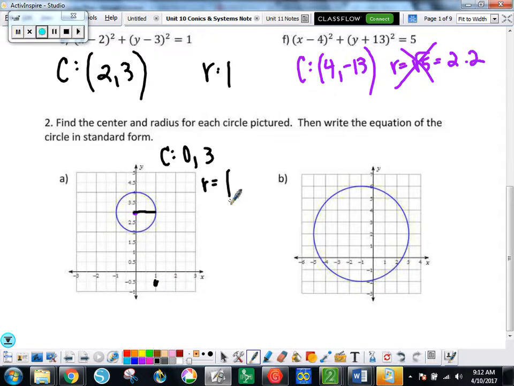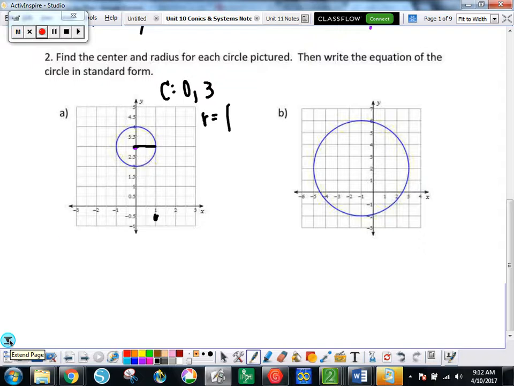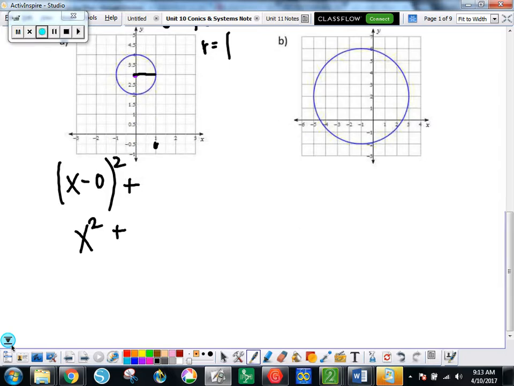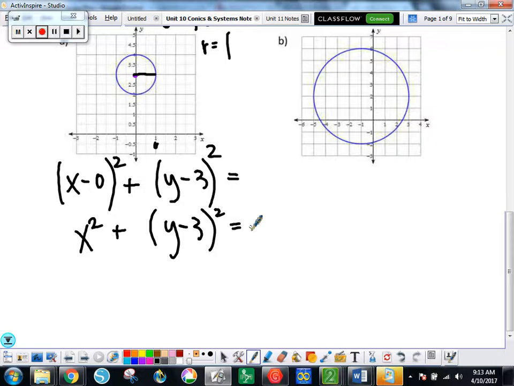So if we were to write that equation, it would be x squared plus y minus 3 squared equals your radius squared, equals 1 squared, which is 1.